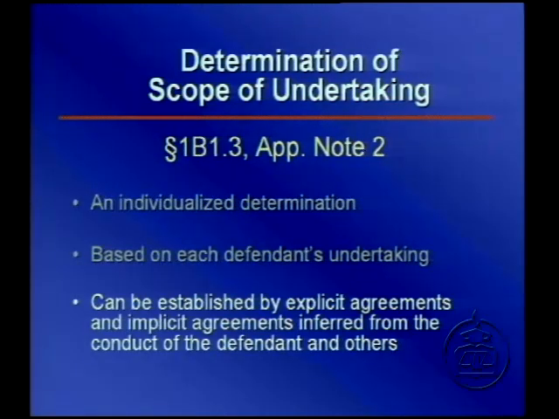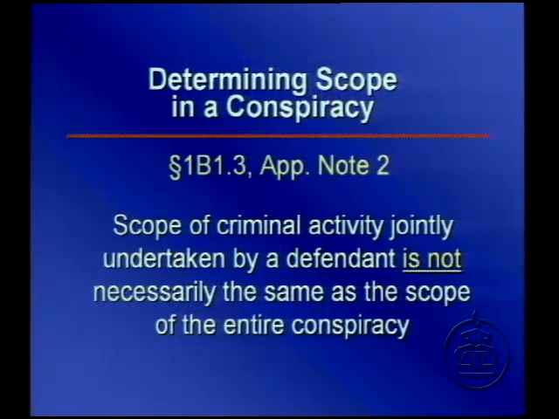Now, this can be established by explicit agreements or implicit agreements inferred from the facts or the conduct of the defendant and/or others. It's also very important to remember here that the scope of the criminal activity jointly undertaken by a defendant is not necessarily the same as the scope of the entire conspiracy. What we mean by this is that criminal liability, in essence, is not always the same as sentencing accountability.